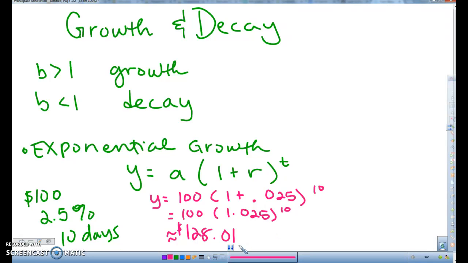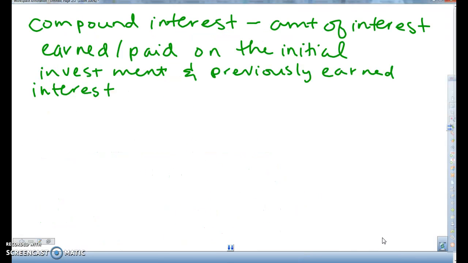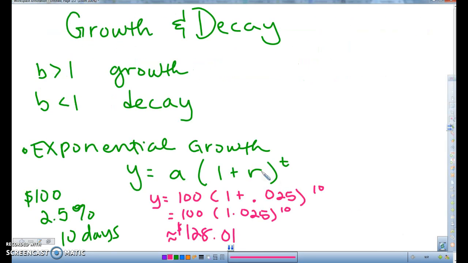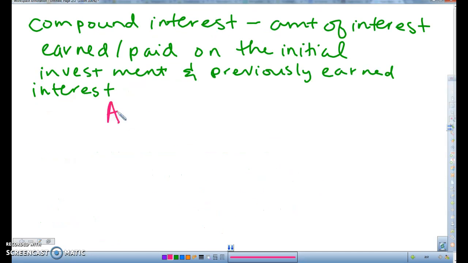Compound interest is a little bit more interesting than that. There's more to the equation for compound interest. Again, that formula is just for exponential growth. A compound interest formula would look like A equals P times 1 plus R over N to the NT power. And I will list out what each one of those things mean. A is my current amount.